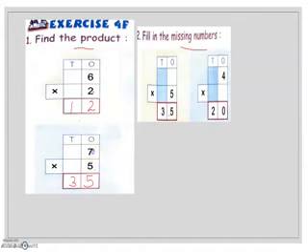Yes, 5 into 7 is 35. So, 7 into 5 is equal to 35. And here, 4 into a number is equal to 20. 4 into which number is 20? Since we have a 0 here, we can say that it should be in the multiplication table of 5. 4 into 5 is equal to 20.